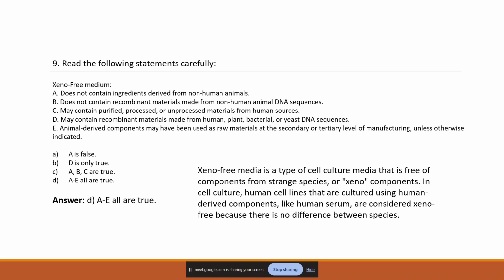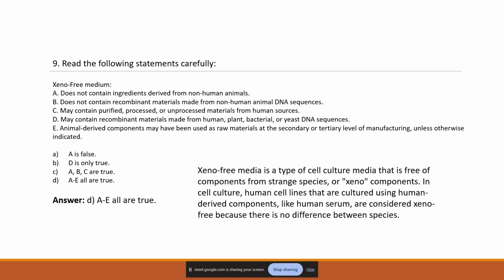Like I said, when we use animal components like bovine serum or anything extracted from any other species, you might never know, these might generate some kind of antigenic reaction in the human after the transplant is done. Then it will cause tissue rejection and graft rejection. You might have heard these terms. These things occur when such growth is done in non-xeno-free media.